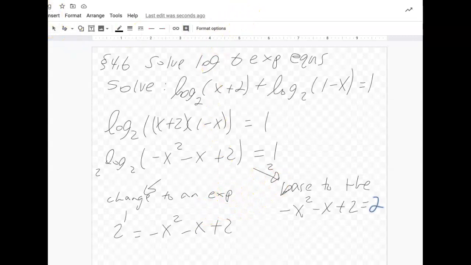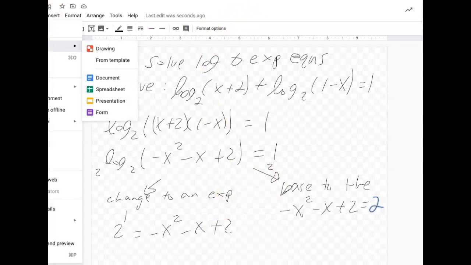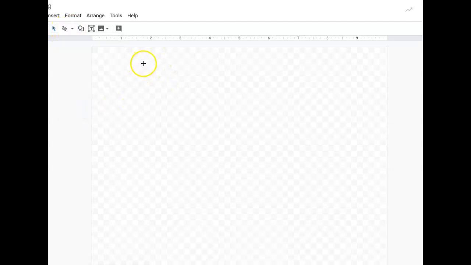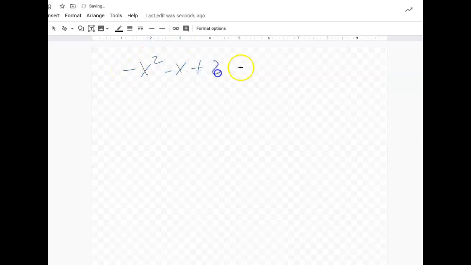So let's go ahead and finish solving this. It is another quadratic. So let's write this down. Negative x squared minus x plus 2 is equal to 2. I'm going to go ahead and add everything over just so I can get a positive x squared term. So I'll end up with 0 equaling x squared plus x.